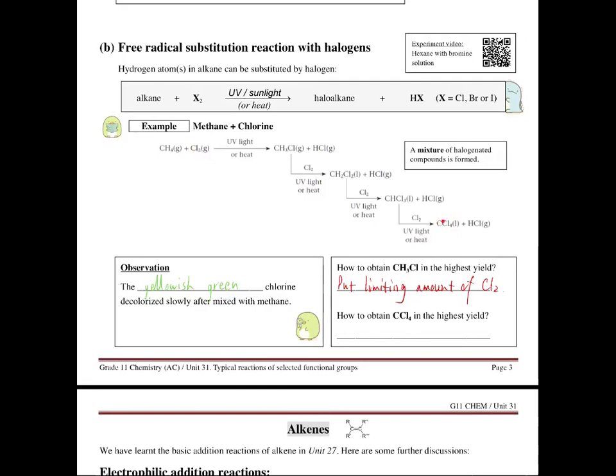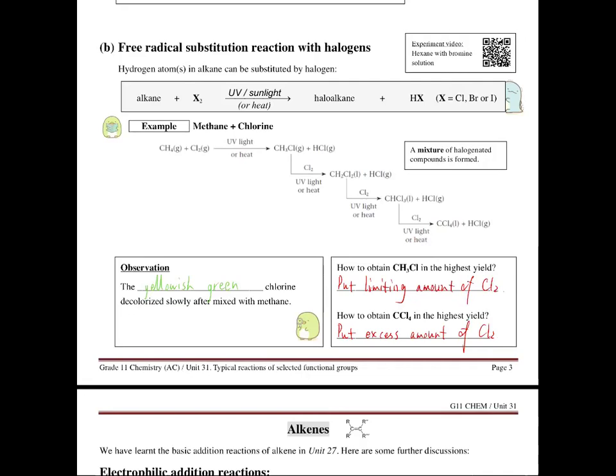This time, if we want the chlorine to substitute all hydrogens, then we need to have chlorine gas in excess, or you can say put a limited amount of the methane. This time we put an excess amount of chlorine gas to make sure that the reaction proceeds to the last step and replaces all the hydrogens.